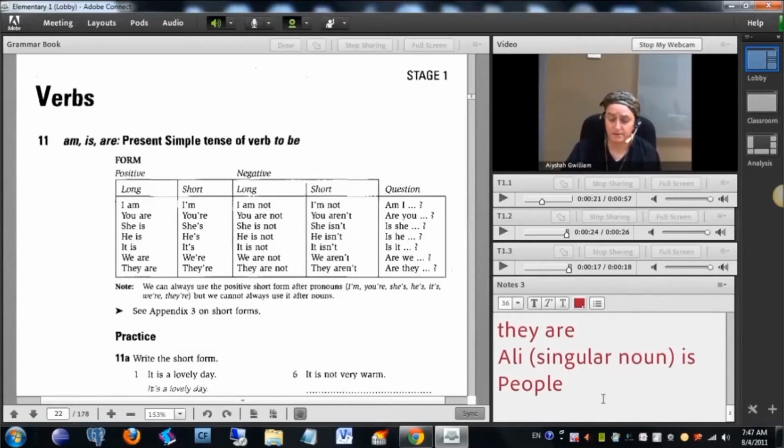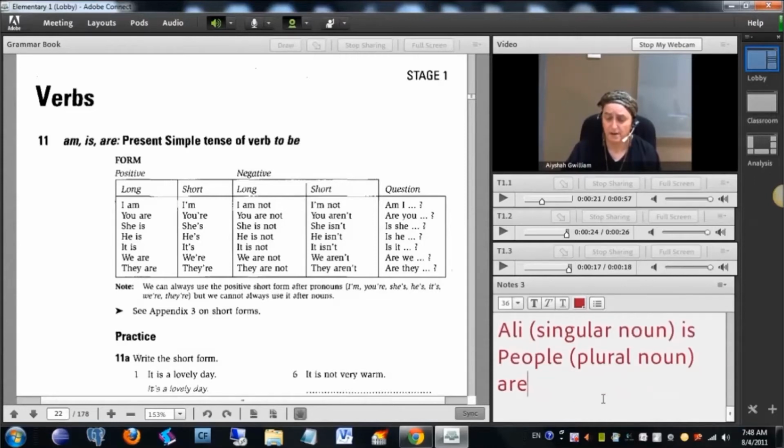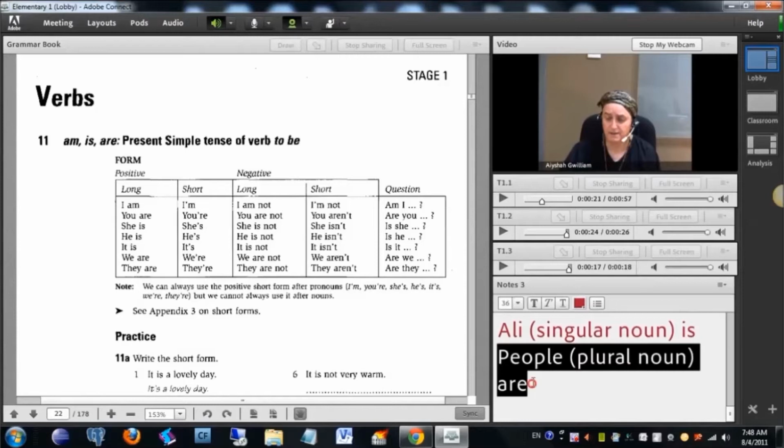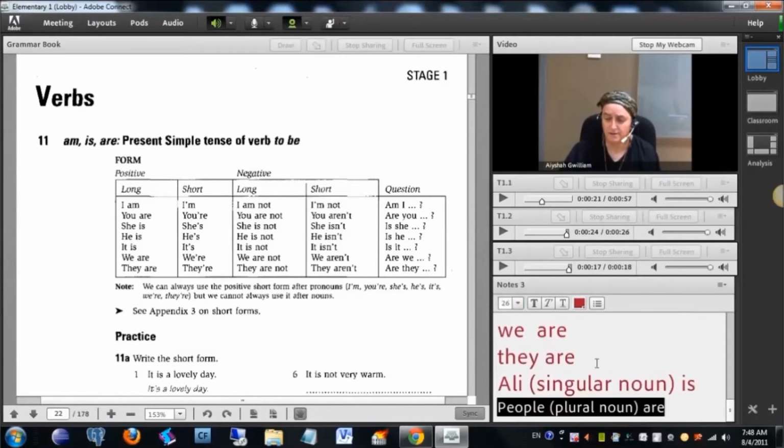People is a plural noun. Plural nouns are when there are more than one. Okay, people is a plural noun. When we have a plural noun, the verb to be is are. Okay, people are. Let me just make that a little smaller so that it will fit into the line.